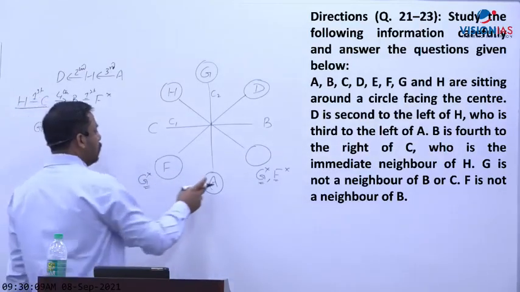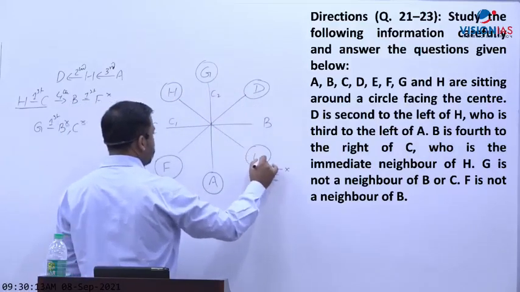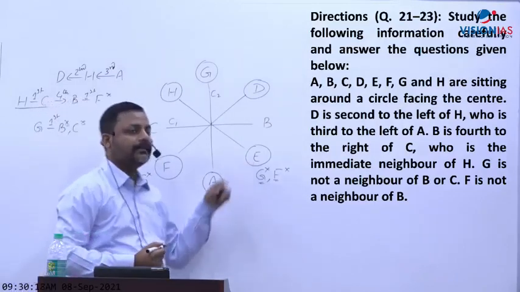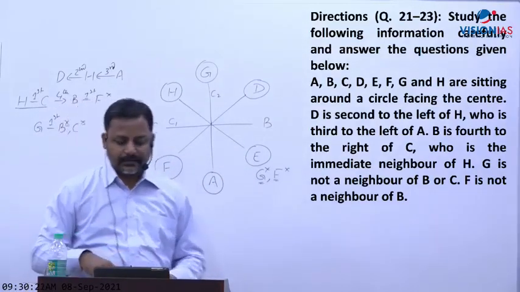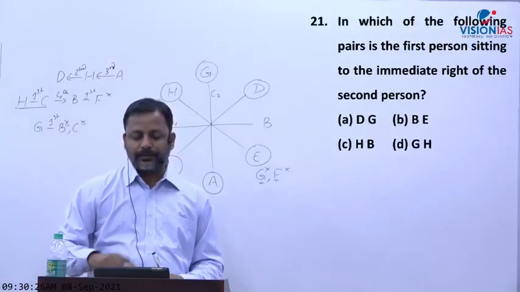Now we have already placed 7 persons, only 1 person is left, and that person is E. So on the last vacant seat, we will put E. Yes. So we have solved this particular set of information.